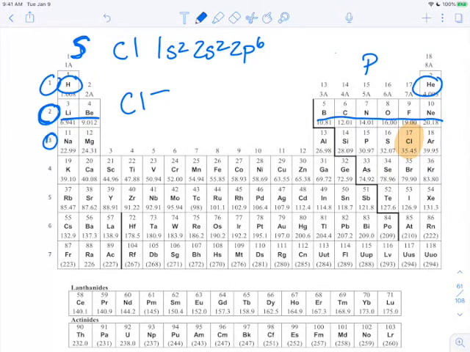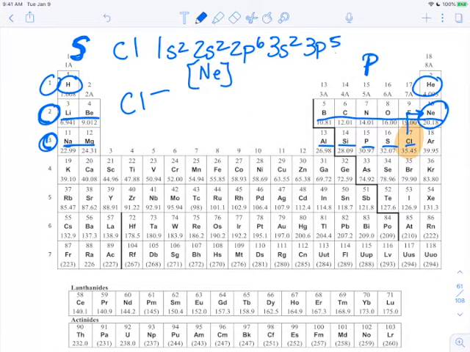And then third energy level, S block, 2 elements, 3s2. And then third energy level, P block. And we go across 1, 2, 3, 4, 5, and we get 3p5. For those of you who chose the noble gas configuration, you went up and to the right, and there it was, neon. So you started off with your neon, and then from there, 3s2, 3p5 like so. So any questions on how to do regular chlorine?